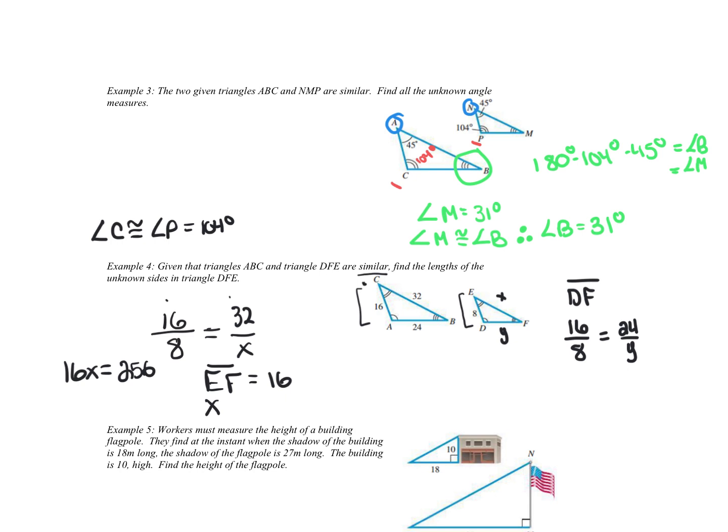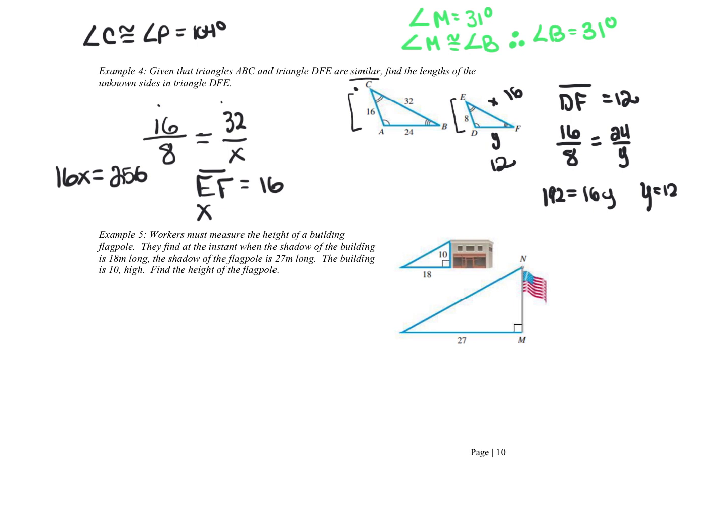So you can cross multiply. 8 times 24 is 192 equals 16y. And you should get that y equals 12. So this side DF equals 12. 16 and 12.